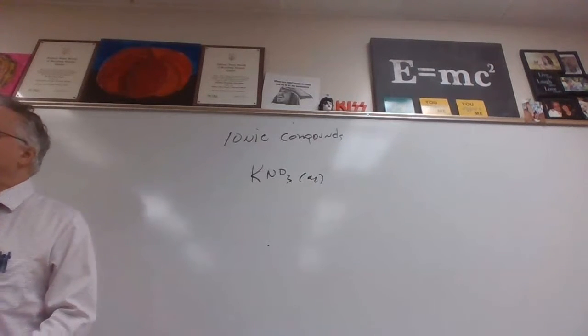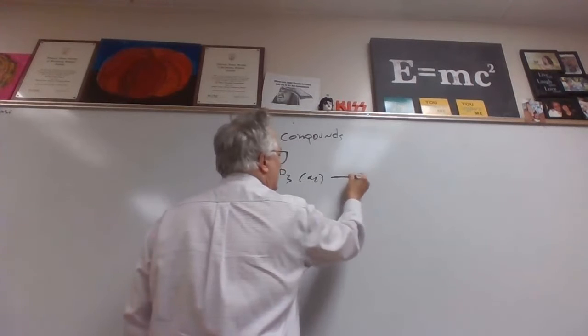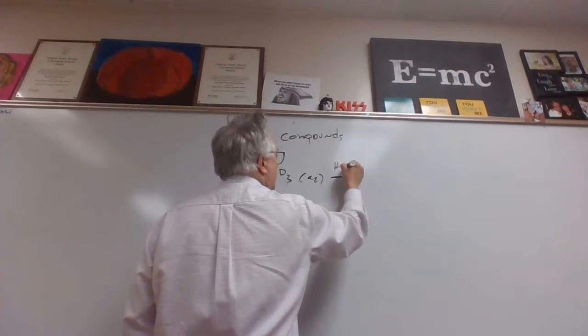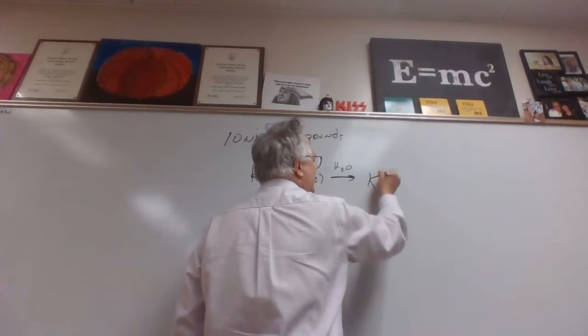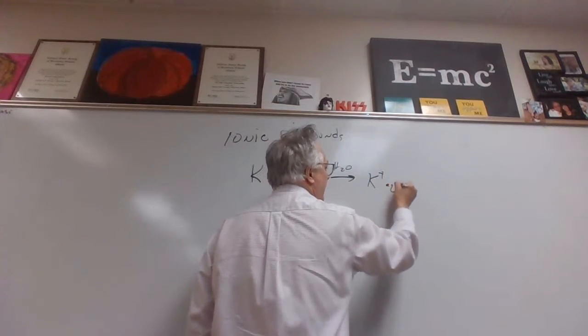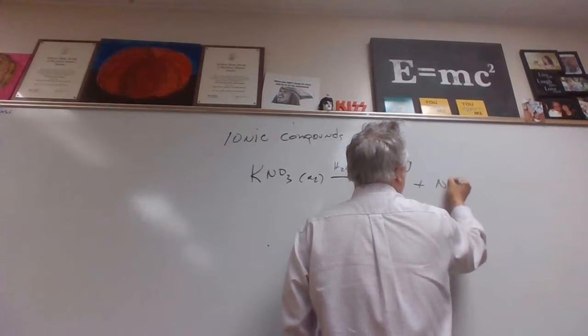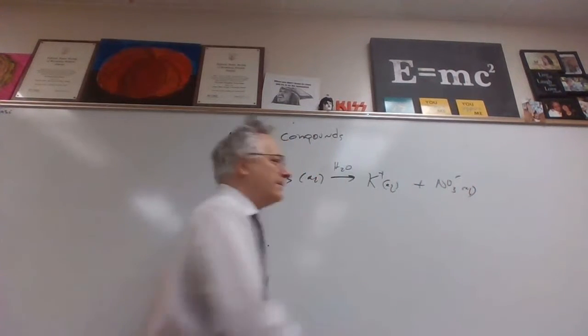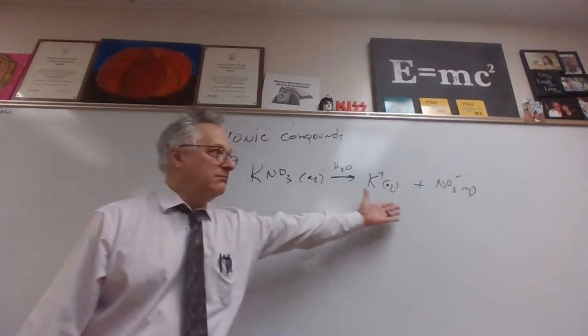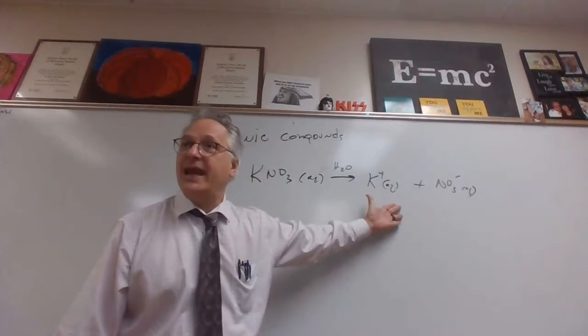But what does that really mean? It means I put it in some H2O, and you're going to form potassium ions floating around plus nitrate ions floating around. This is called an ionic dissociation.